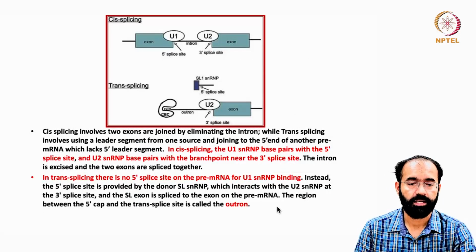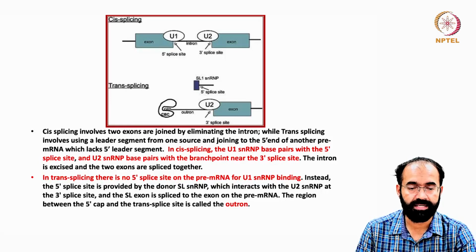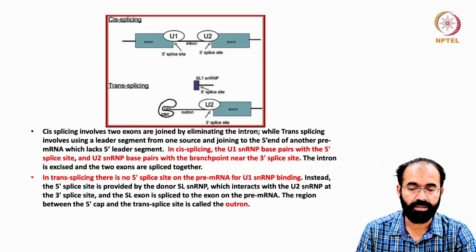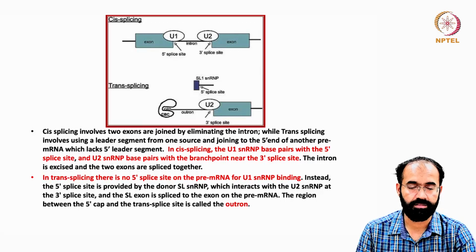Now let us quickly see in more detail cis splicing versus trans-splicing. Cis splicing involves two exons that are joined by eliminating one intron, while trans-splicing involves using a leader segment from one source, that means another RNA, joining the 5' end of another mRNA which lacks the 5' leader segment.